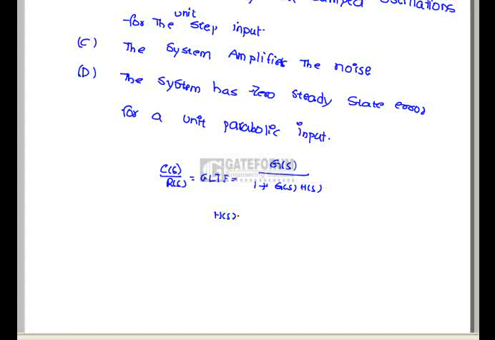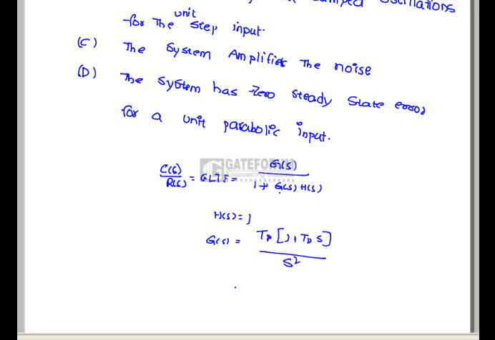H of s equals 1, G of s equals Tp into 1 plus Td s divided by s square. If we find the characteristic equation, that is 1 plus G of s into H of s, we will get a second order equation. Based upon the Tp and Td values, there is a possibility of getting damped oscillations for the unit step input. Hence statement B is also correct.